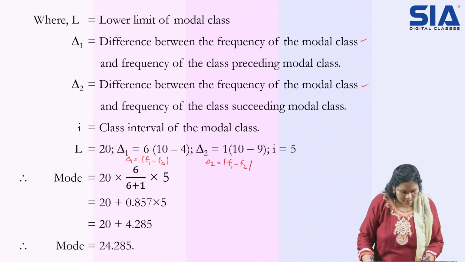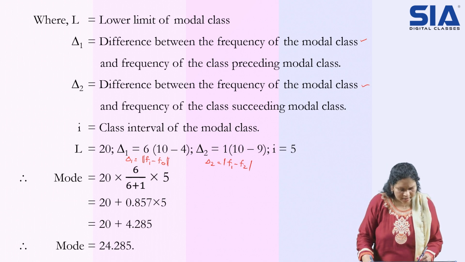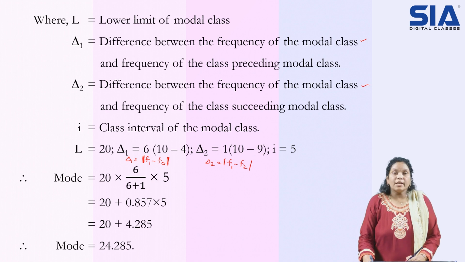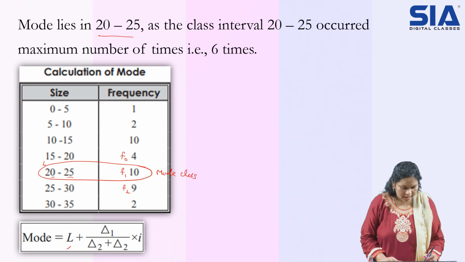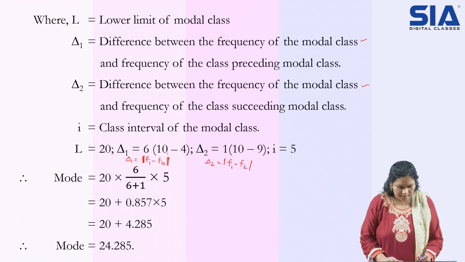So for that we write this mod, a small straight line. So F1 minus F0: F1 is 10, F0 is 4. So 10 minus 4, you got 6. So this is your delta 1.